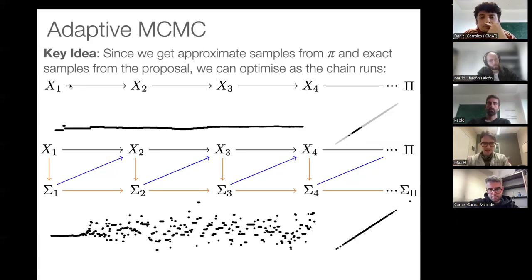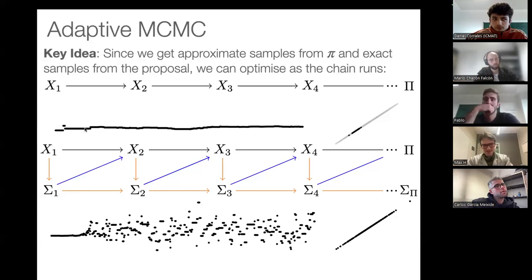The top case is just a Markov chain where I've given it the vanilla default value of its tuning parameters, and I don't allow it to learn as the Markov chain goes along.